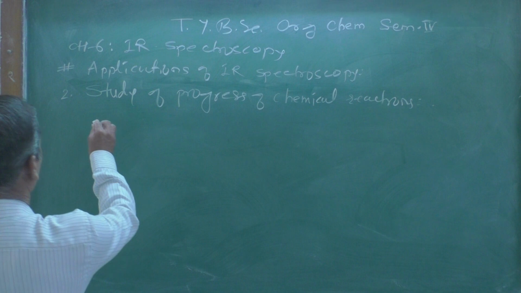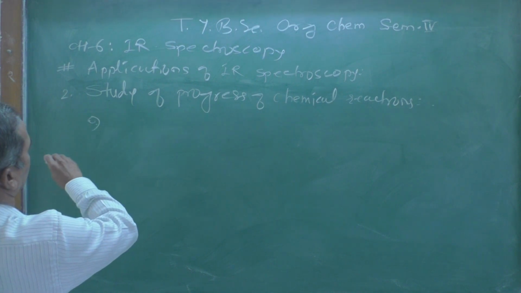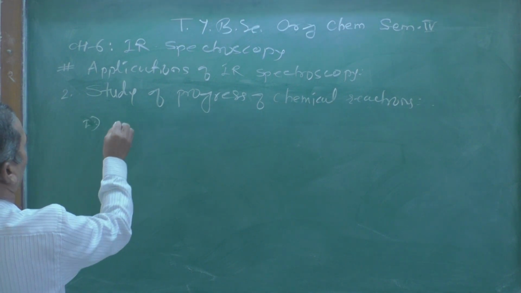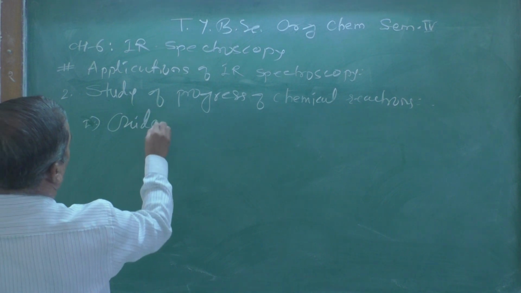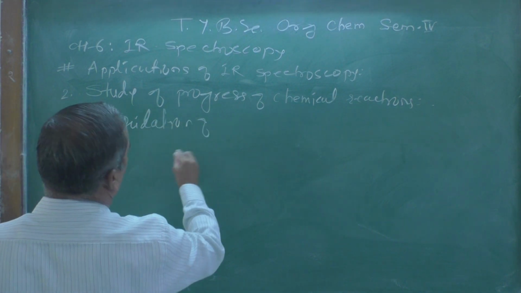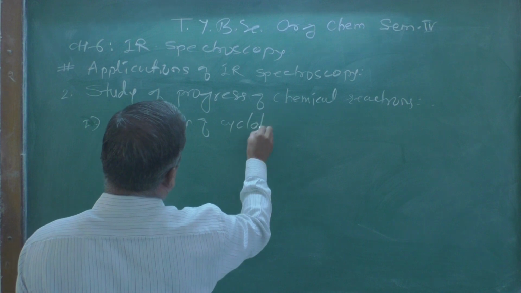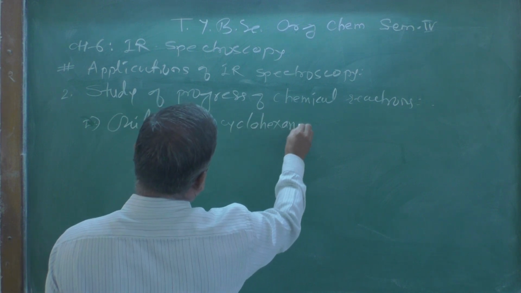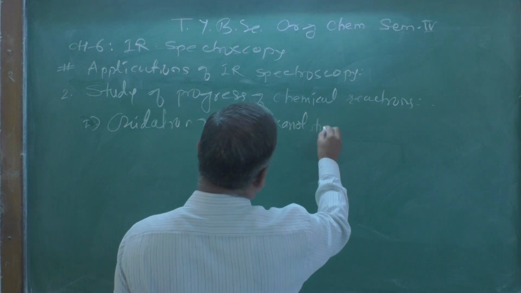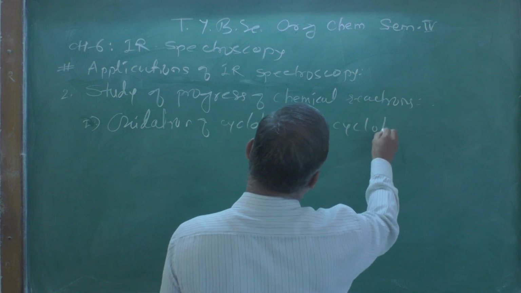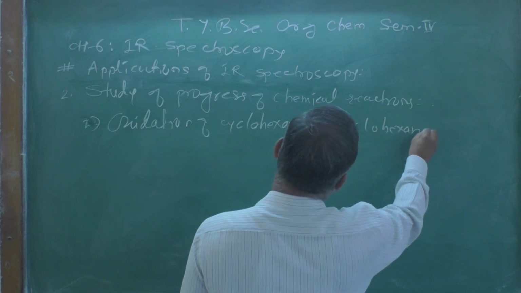Example number one we are going to consider here is the oxidation of cyclohexanol to cyclohexanone.